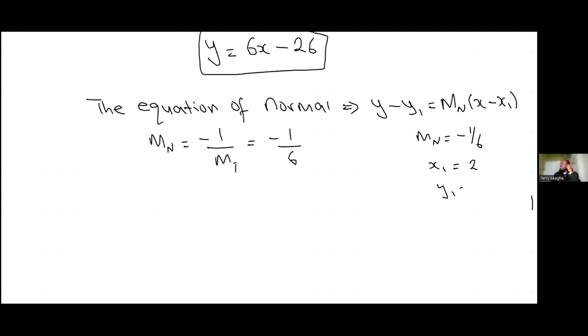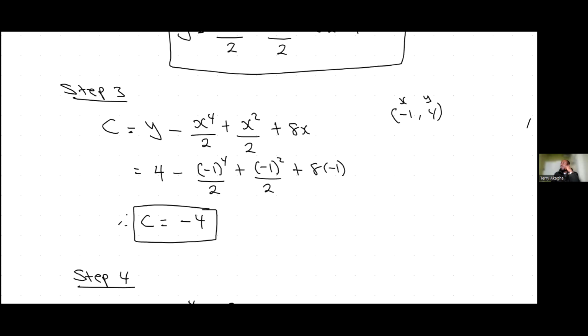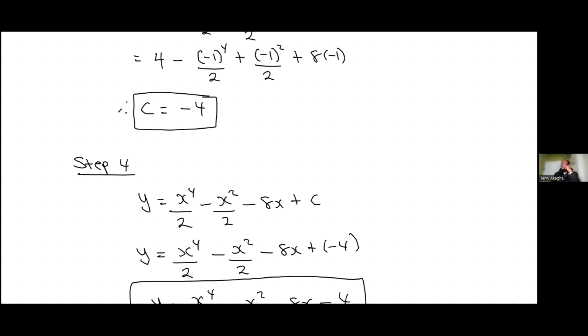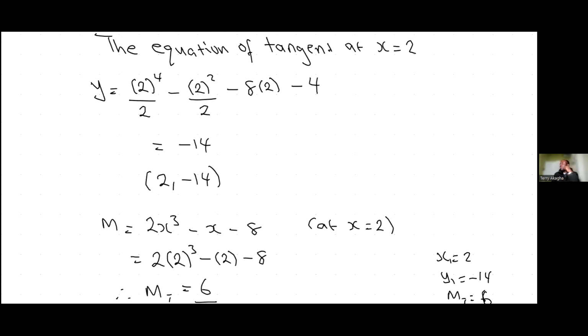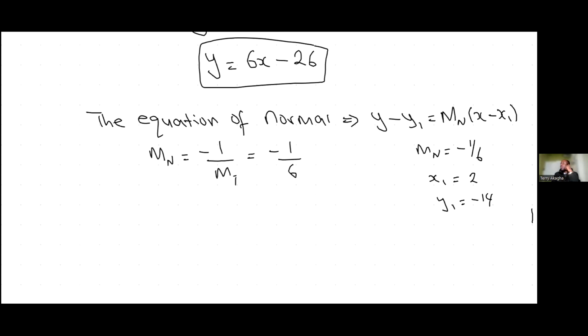So that is the same point that we had from the beginning, right? Yes, so the x is 2, the y is minus 14. So we're going to put it in now. So it's going to be y minus 14 is equal to minus 1 over 6, x minus 2.